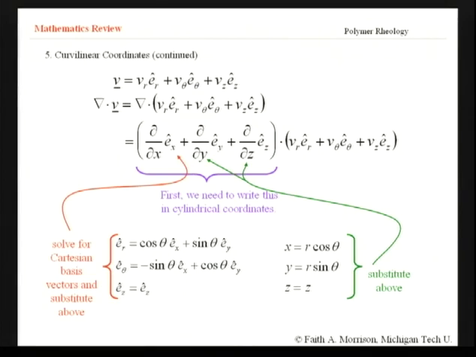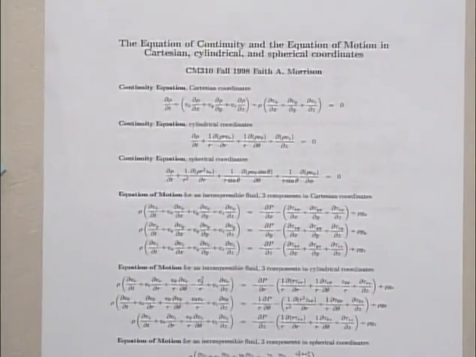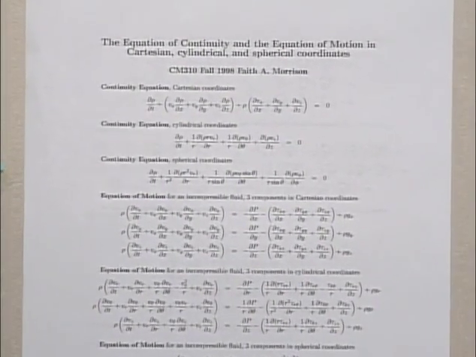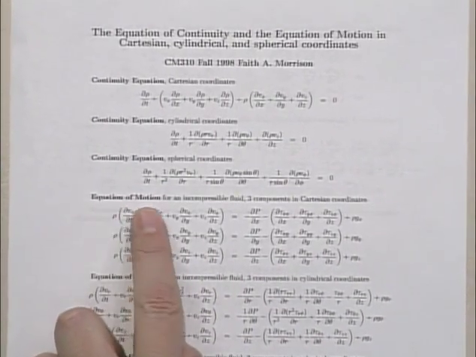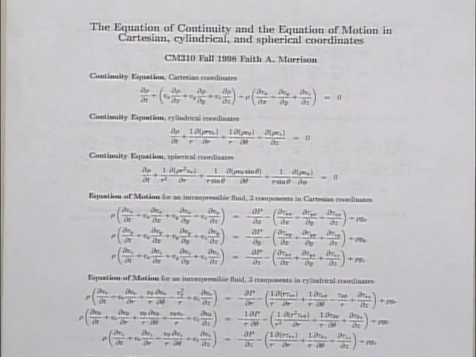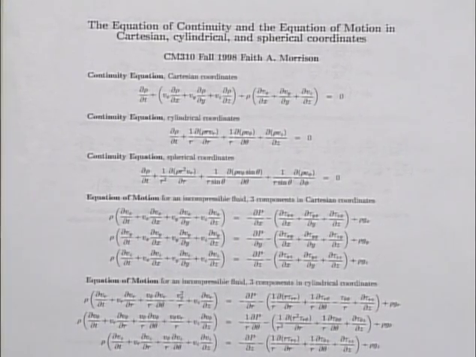And this is why you've always used tables for getting those various expressions. So for instance, for people who took fluid mechanics from me, you'll recognize this sheet. This is my handout for the continuity equation and the Cauchy momentum equation, and on the other side, the Navier-Stokes equation.